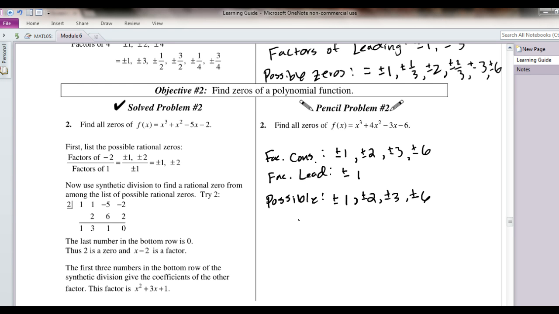Now you can either go through and use synthetic division, or what I do is I just plug them into the function. So test them out one by one.